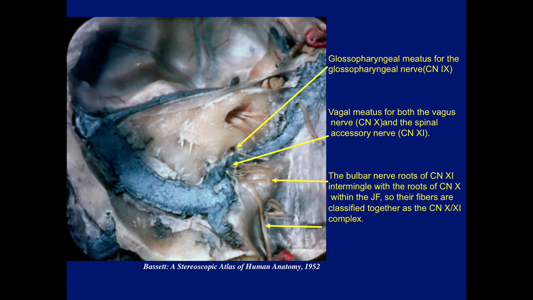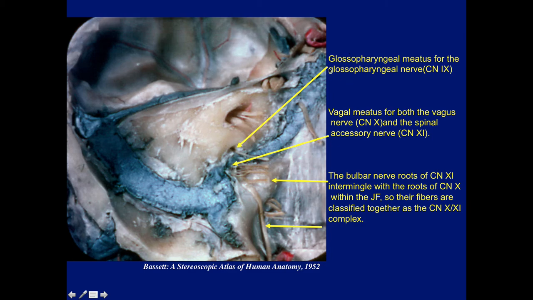Now this is a beautiful anatomic dissection specimen from 60 years ago from Battlers Atlas, showing the beautiful anatomy in this location. Basically, we're looking at the inside of the posterior fossa from the left towards the right. So this is the right temporal bone here, and here we see the transverse and sigmoid sinus. Here we have the foramen magnum, and this is the tentorial edge here.